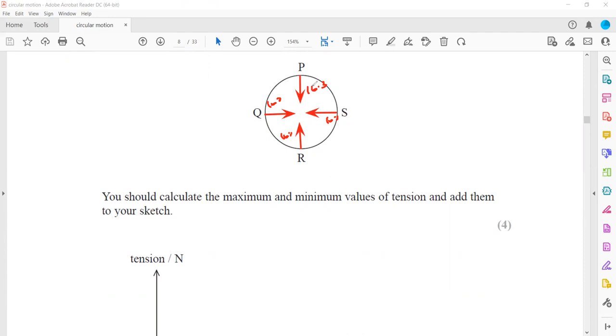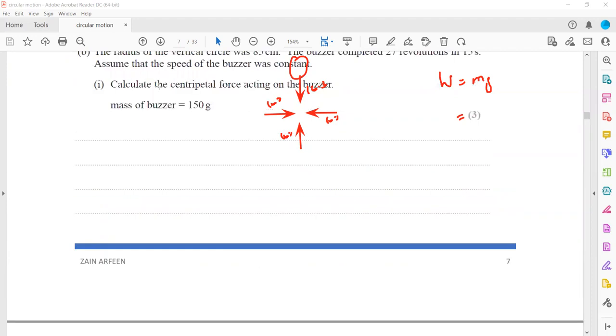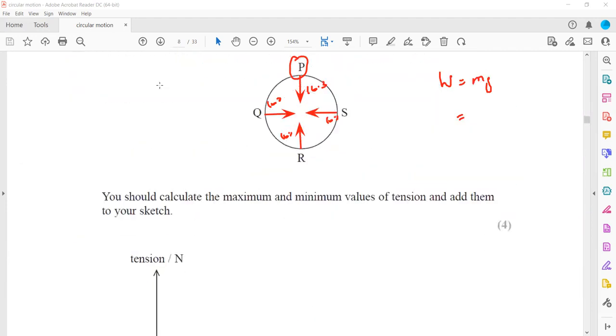But in this case, when it is at position P, the weight is also acting downward. And what is weight? Weight is mass multiplied by gravity. The mass is given in the question, that is 150 grams, which is 0.15 kilograms. So 0.15, and the value of gravity is 9.81. So 0.15 into 9.81.